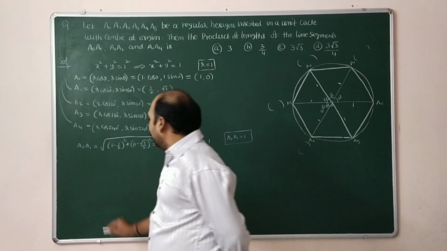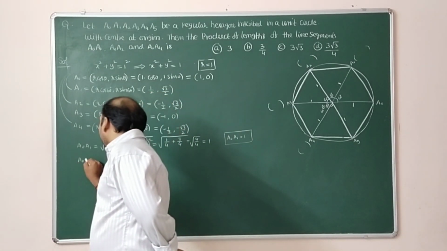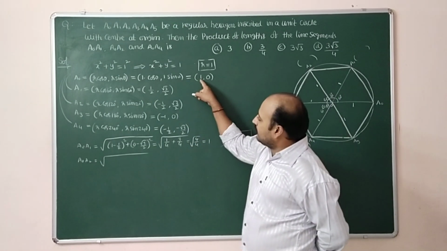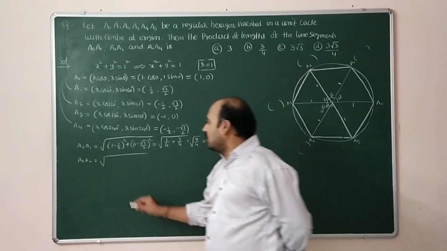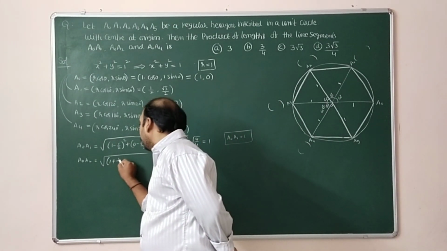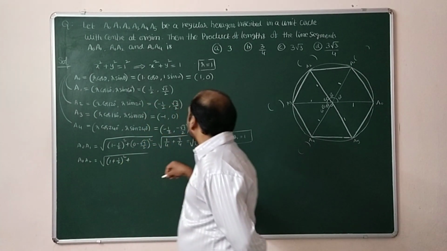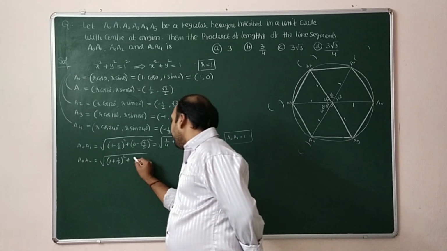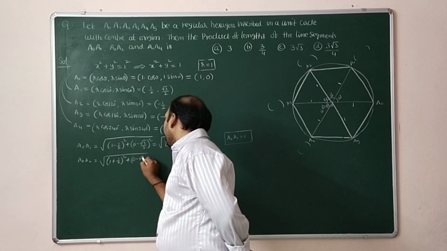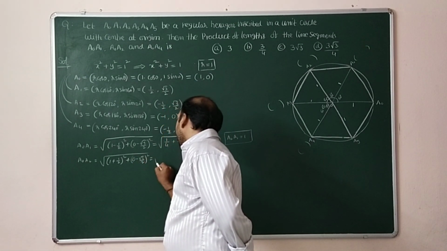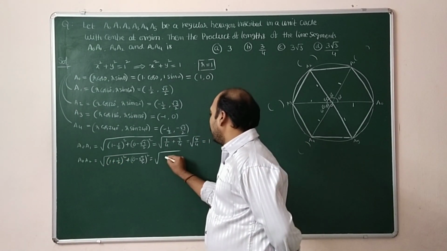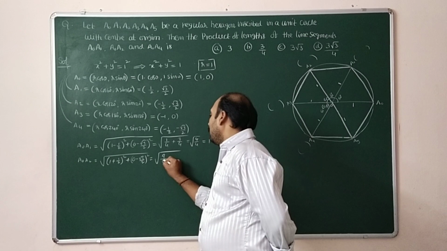Similarly, A0A2 value. Square root of (1 minus of minus 1 by 2), that is (1 plus 1 by 2) whole square, plus (0 minus root 3 by 2) whole square. Here 2 plus 1, 3, 3 by 2 whole square means 9 by 4.